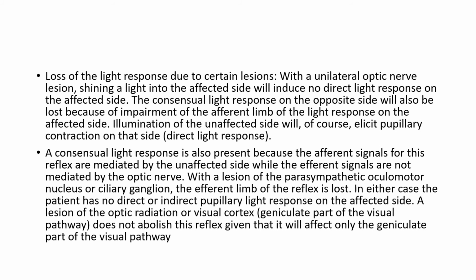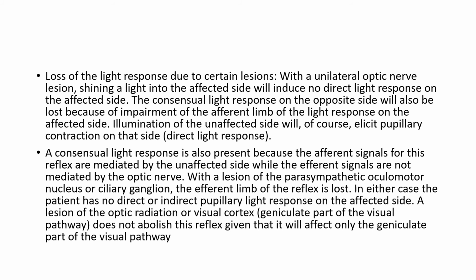A consensual light response is also present because the afferent signals, sensory, for this reflex are mediated by the unaffected side, while the efferent signals are not mediated by the optic nerve. Optic nerve is just sensory, remember. So with a lesion of the parasympathetic ocular motor nucleus or ciliary ganglion, the efferent limb of the reflex is lost, so motor is lost there.